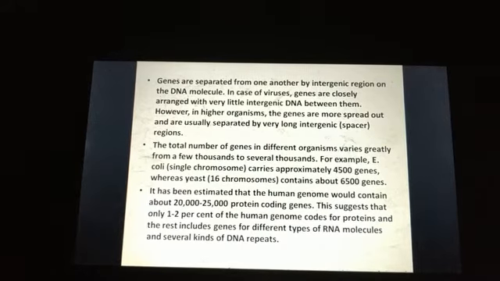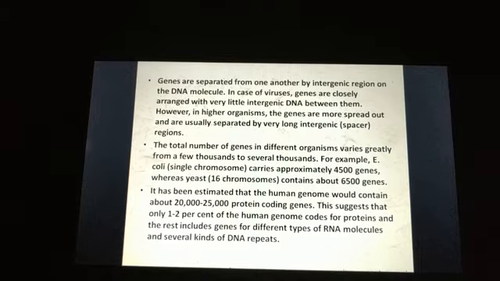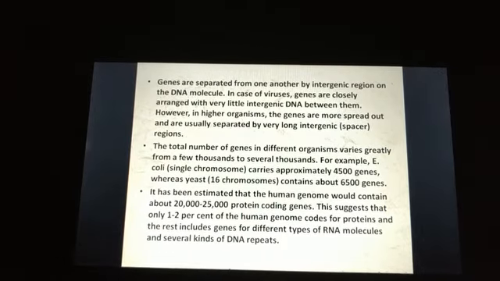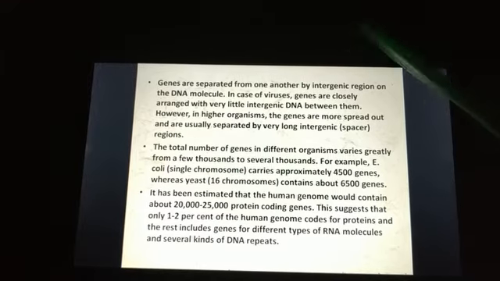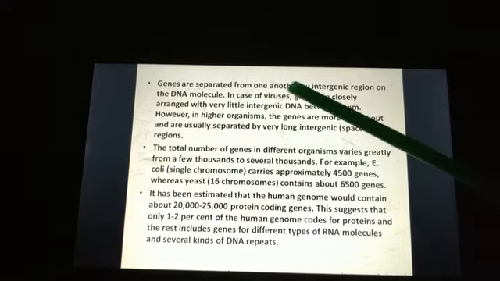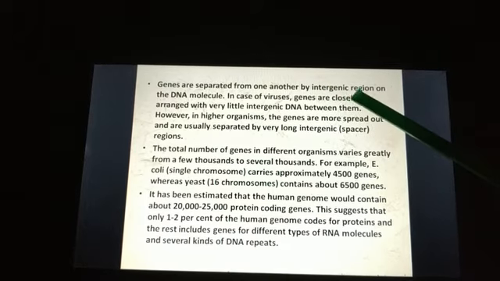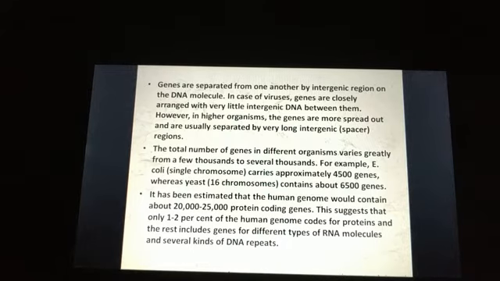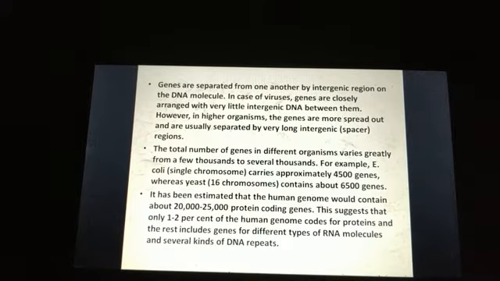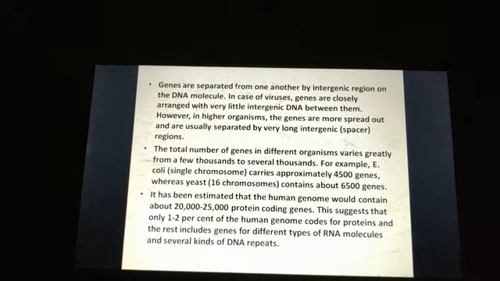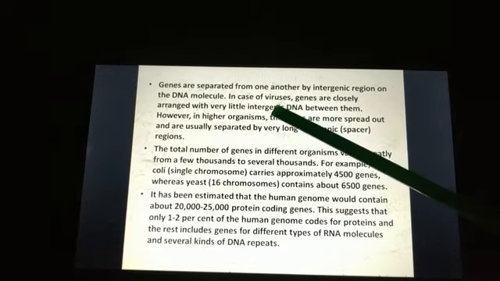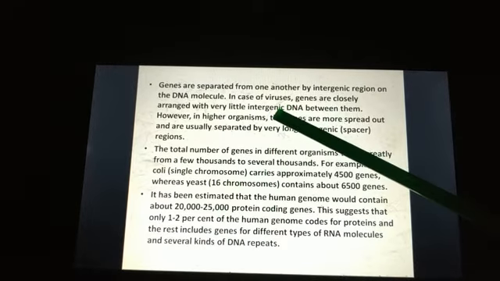So genes are separated from one another by intergenic region on the DNA molecule. So one gene is separated from another by intergenic region. In case of virus, genes are closely arranged with very little intergenic DNA between them. So in virus, the intergenic region is very small.